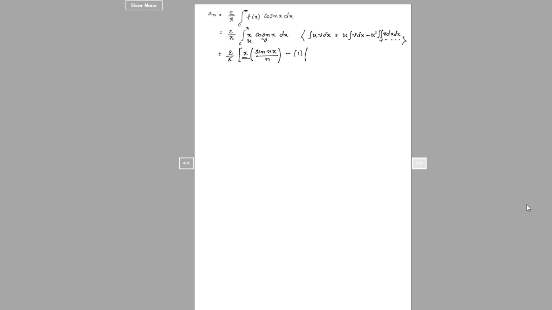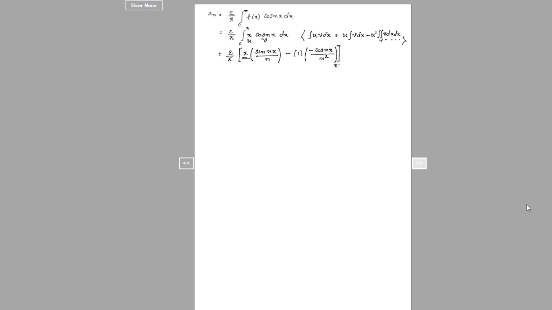Integrating the sine term again, the integral of sine is minus cos nx divided by n, into n becomes n square. The next differentiation of 1 is 0, so we can stop the integration there.